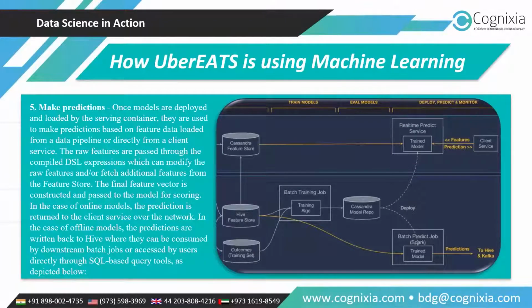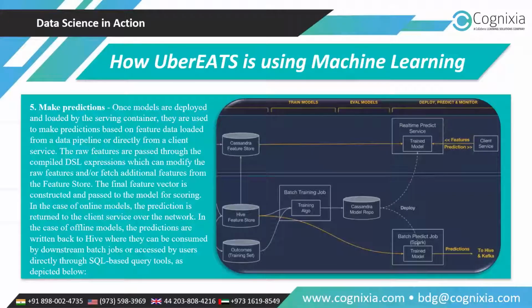Once the prediction is made by the model, it is sent back to your client service, for example the application server, and that application server in turn sends the relevant information back to the user.